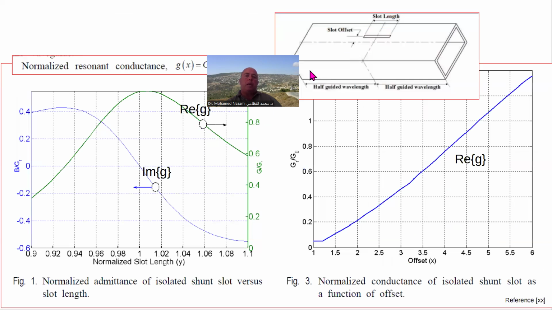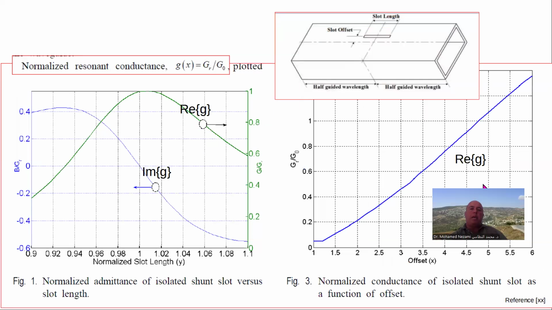All right, so now, what is exactly happening? Why is the slot in here? We know the distances of the slot from the shorted end and from the feed point, we know what that should be. But for the distance from the center line, first of all, let's look at this diagram that I grabbed from one of the references, and I will show you this right now on HFSS as well.